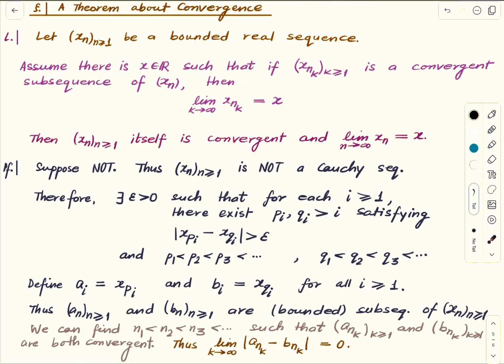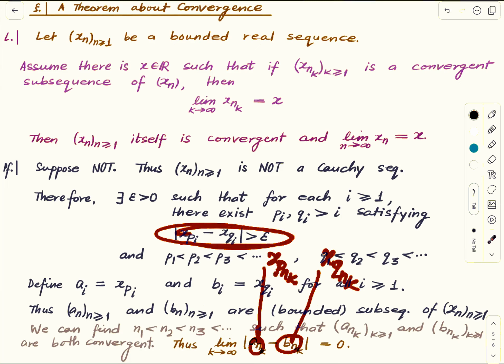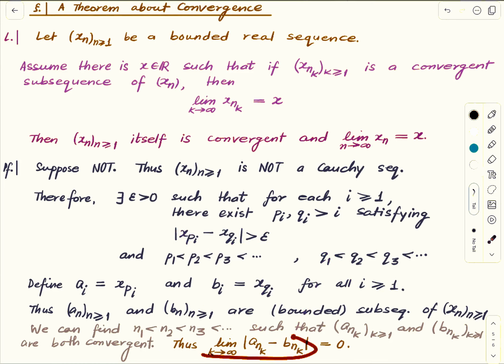But this minus that is greater than epsilon. Because what is a_{n_k}? This is equal to x sub p sub n_k. Looks ugly, but that's what it is. And this is equal to x sub q sub n_k. And by this statement, that is at least epsilon. And hence this thing, which is always greater than epsilon, converging to 0, is a contradiction to the fact that epsilon is positive.